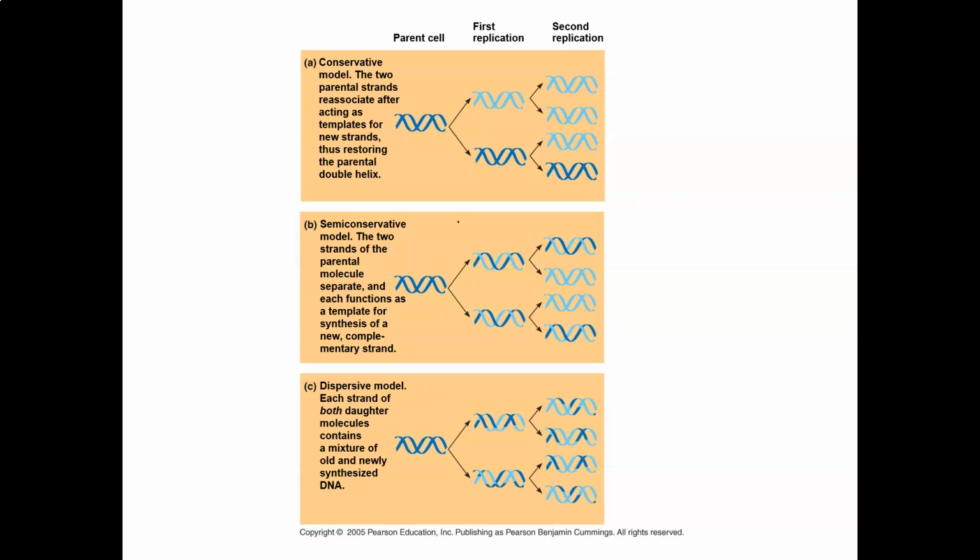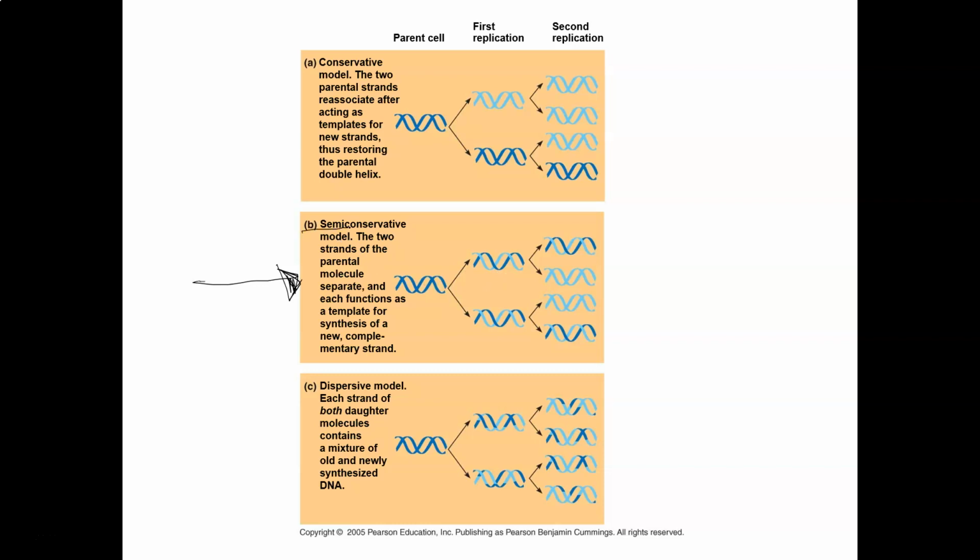However, I do want you to know how they supported that hypothesis. So there's another famous experiment we're going to go over that showed that this mechanism of replication is the way DNA replicates.